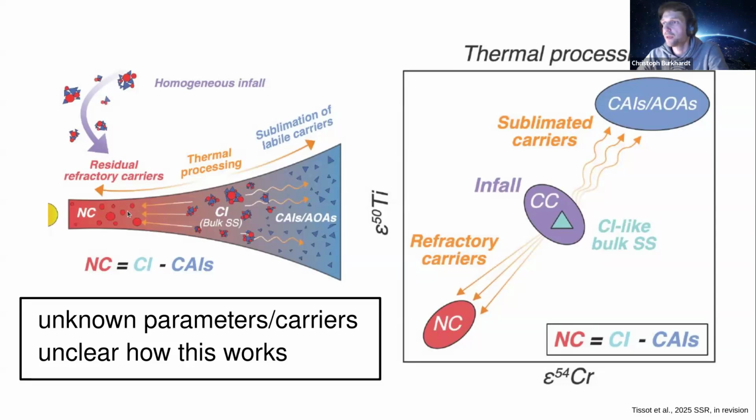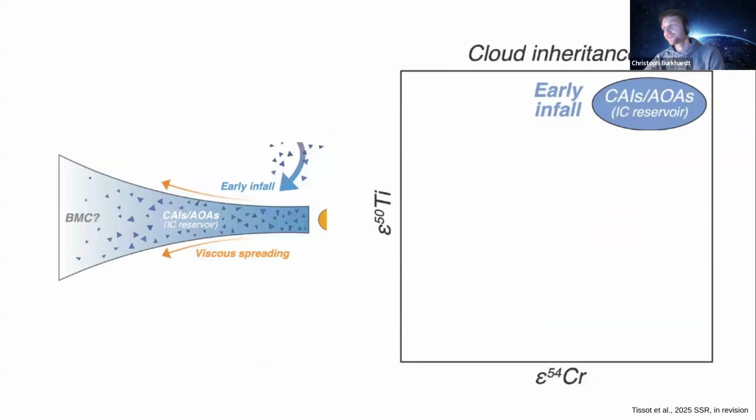The alternative scenario, which I favor, is that we have these anomalies and we have a change in infalling composition. The early infall is basically inherited from the molecular cloud, which is slightly distinct isotopically.